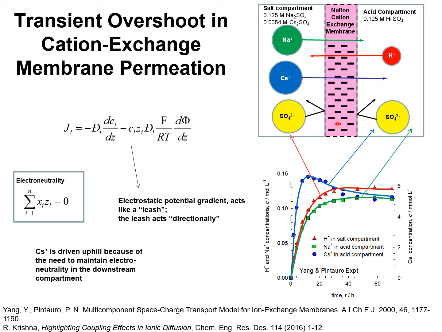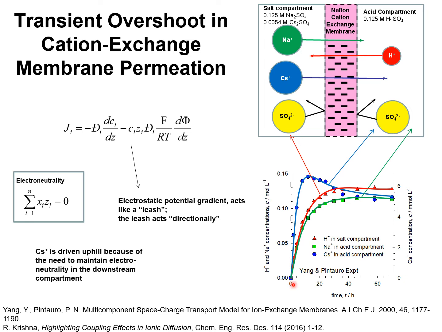The cation exchange membrane prevents the intermembrane transport of the sulfate anions and only allows the cations of sodium, cesium, and hydrogen to be transported.